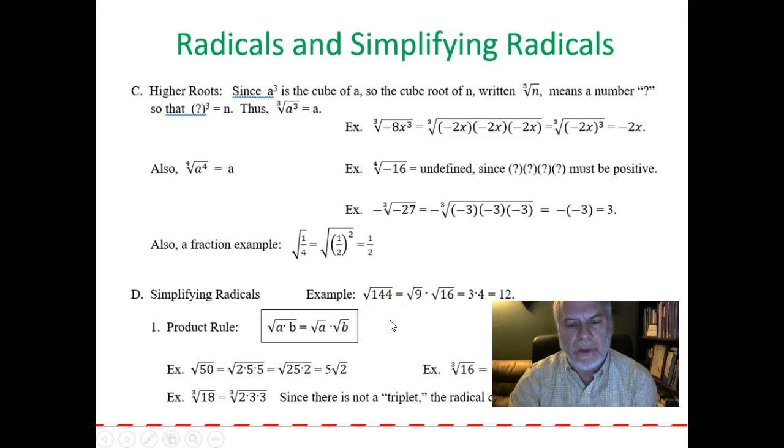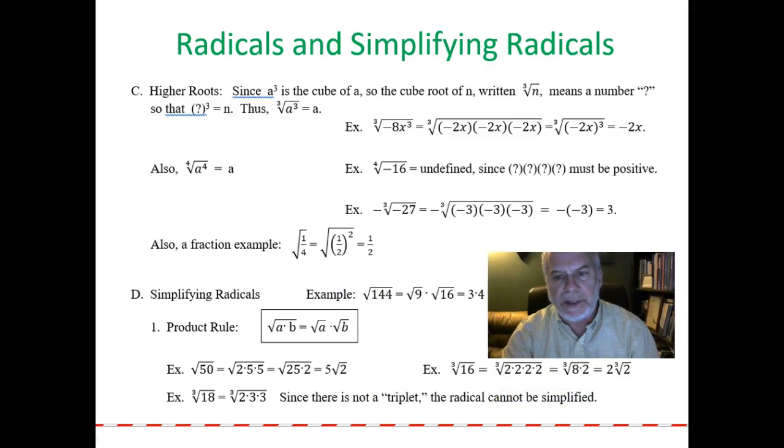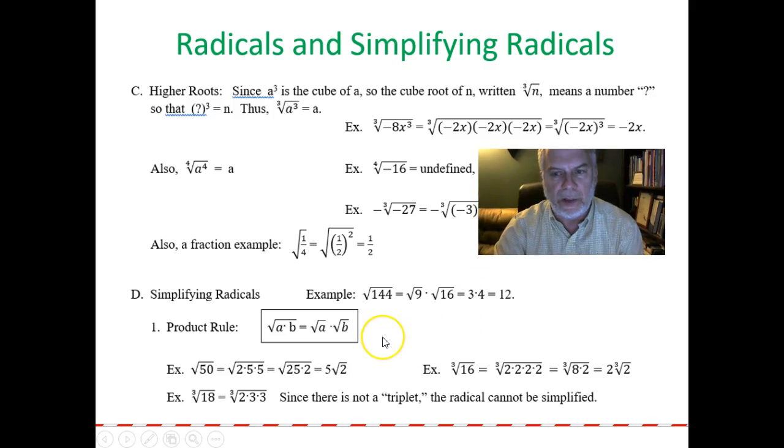All right, now that was all just discussing what square roots and cube roots and fourth roots are. But one of the main things that we want to look at radicals for is what we are going to look at right now. The product rule is a way to break up square roots.